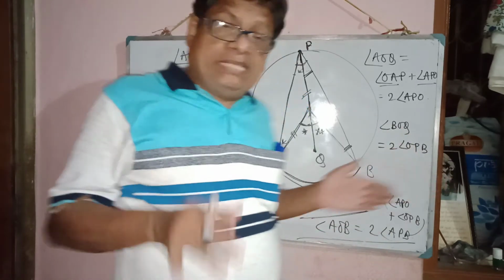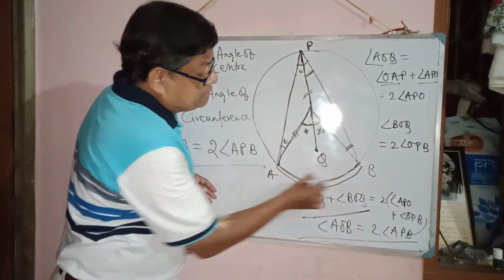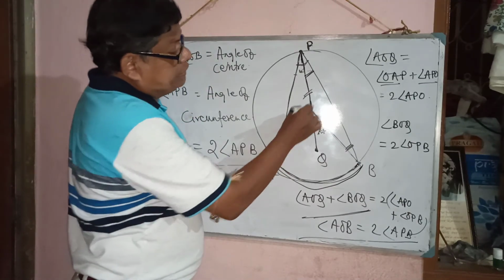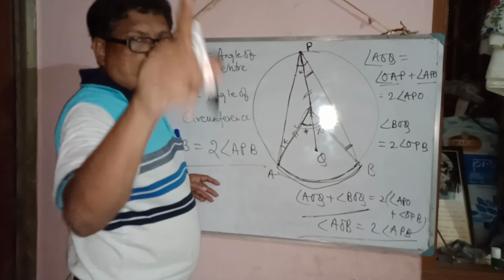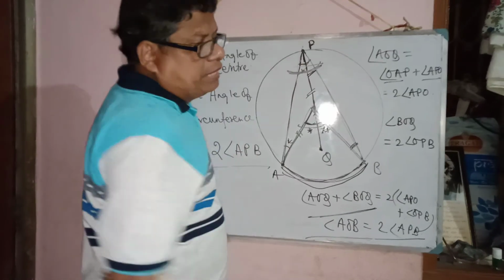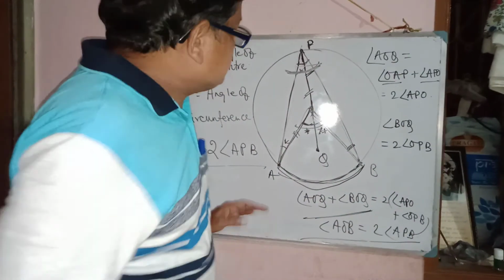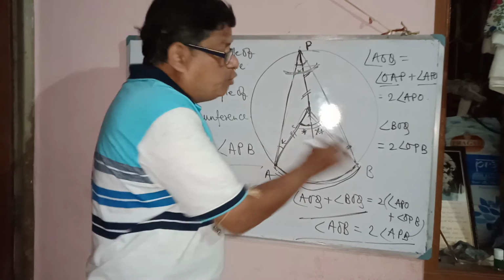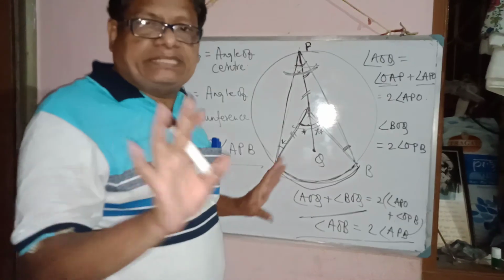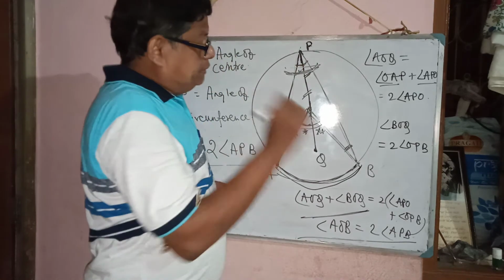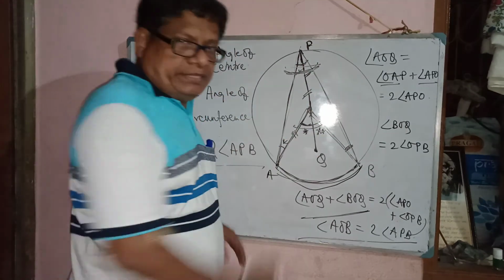If we take this arc, this is AOB, the angle at the center, and this APB, the angle at the circumference. Suppose this angle is 30 degrees. What is the value of AOB? Yes, 60 degrees. If APB is 30 degrees, then AOB is always 60 degrees.